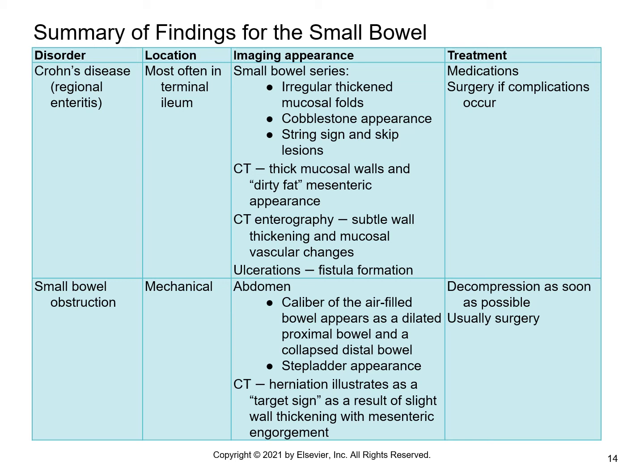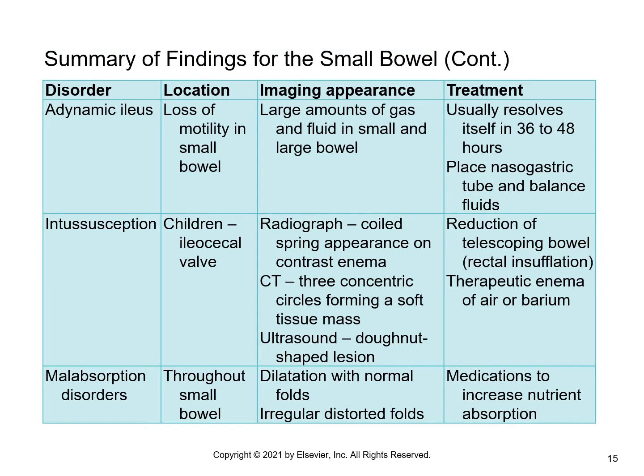So anything that obstructs that bowel lumen and prevents the normal peristalsis and movement of materials through that can cause a small bowel obstruction. An adynamic ileus is going to look similar to our small bowel obstruction. With this, it's paralytic. So it's a neural problem where our bowel stops its normal peristalsis and it fills up with a lot of gas and fluids.